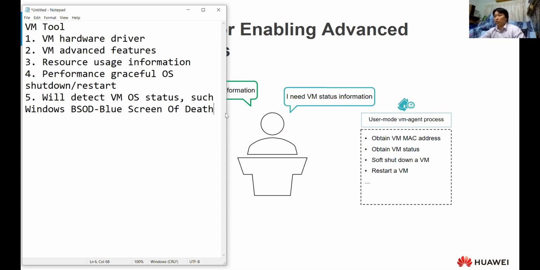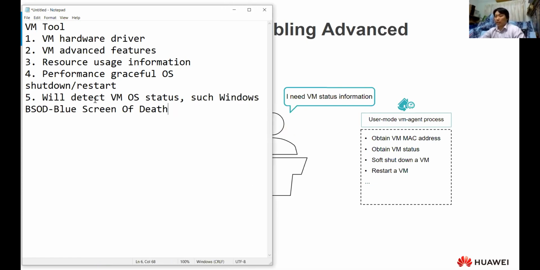Now with the VM2, your VRM can actually know that, oh, this virtual machine OS is now having a blue screen, basically hang. So they can detect this status to facilitate a later feature that we'll also discuss in the later slide. And also your particular Linux, they call it the black screens of death.